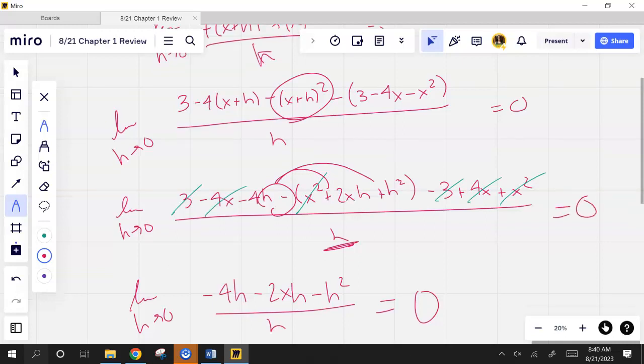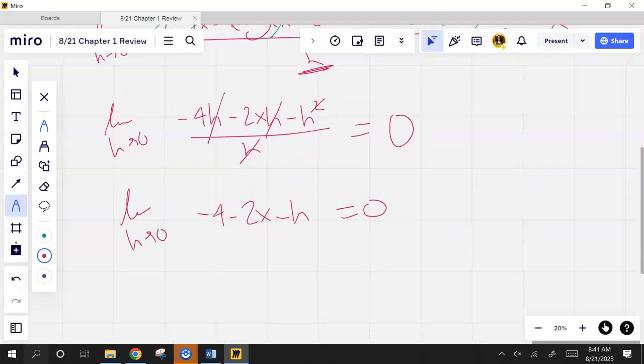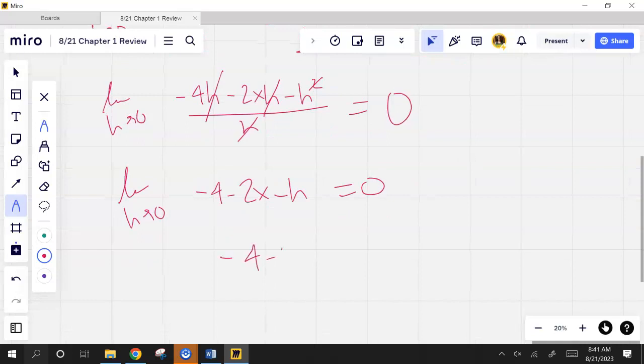So now I can take an h out of everybody. So now I have the limit as h goes to 0 of negative 4 minus 2x minus h. Now I can put a 0 in for h and say, when does negative 4 minus 2x equal 0?